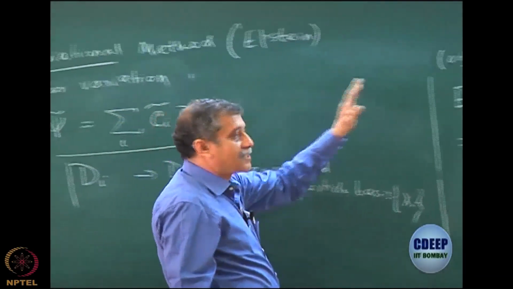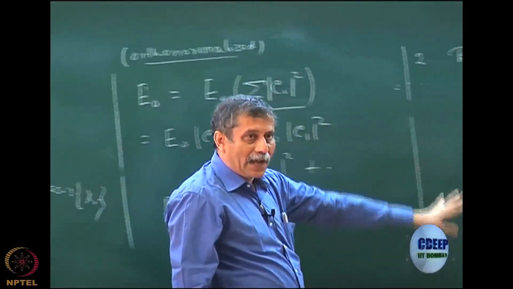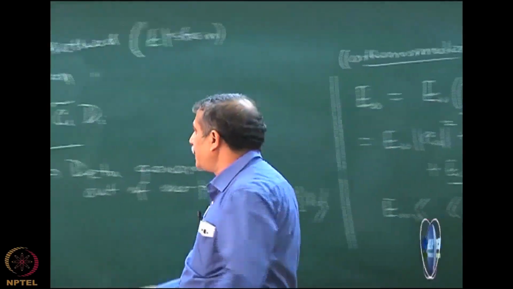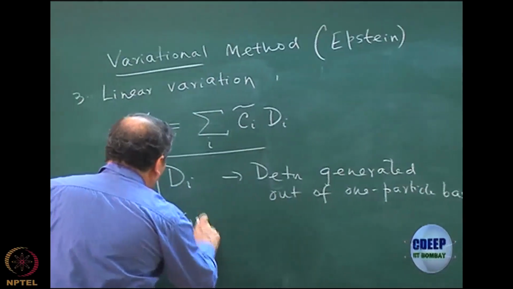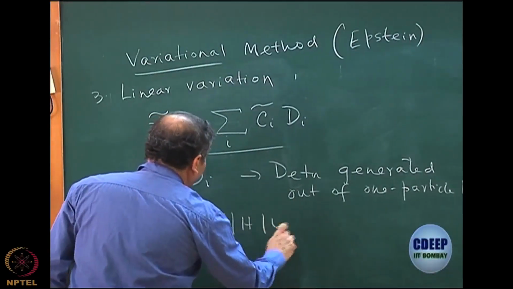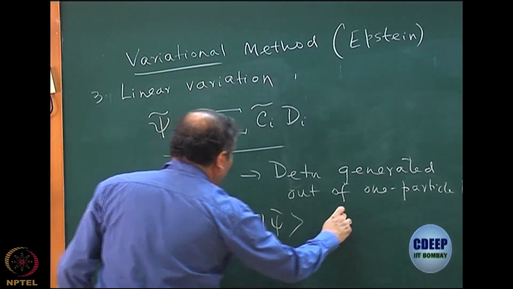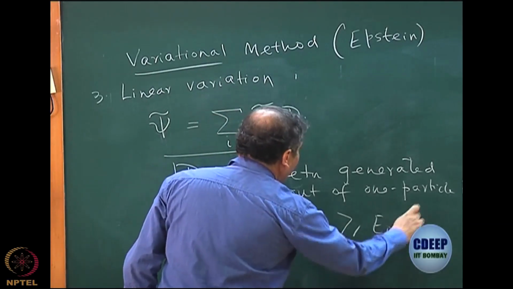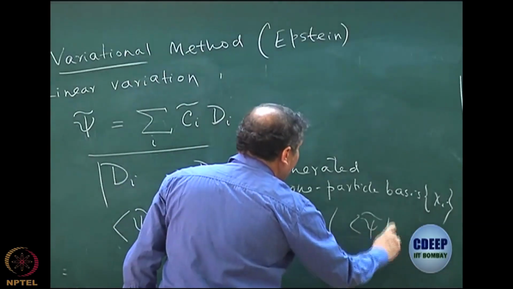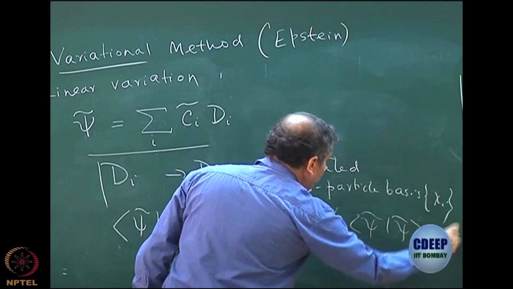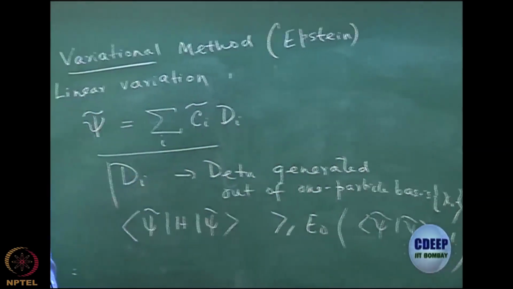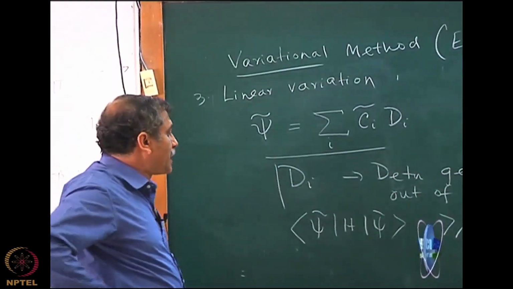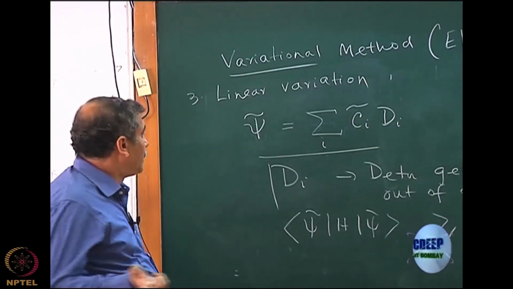Clearly theorem 2 would exist then, that whatever happens, this quantity would certainly be greater than or equal to E naught. Again, assume psi tilde is normalized to 1. In many of the cases for proof, we will always assume the normalization, so do not worry.